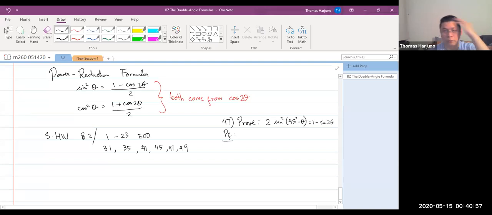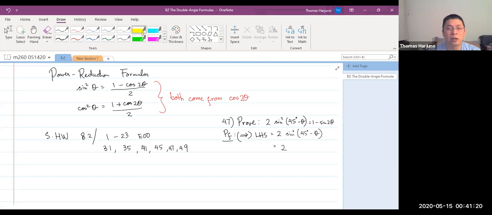I think I will do it from the left hand side, because the left hand side seems to be more complicated. Left hand side we have 2 sine squared of 45 degrees minus theta. So this is 2 times, and what I will apply here is this formula.